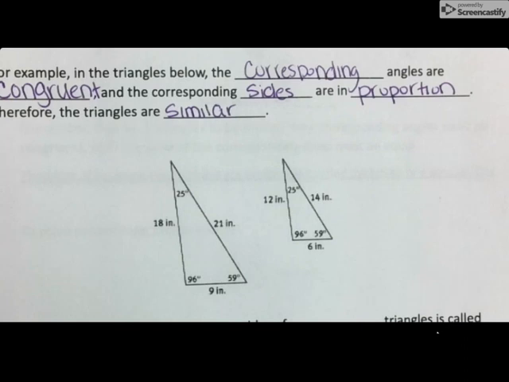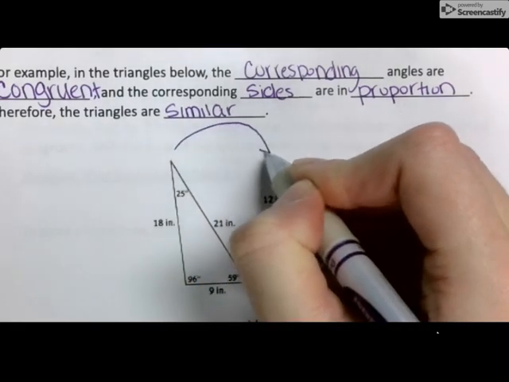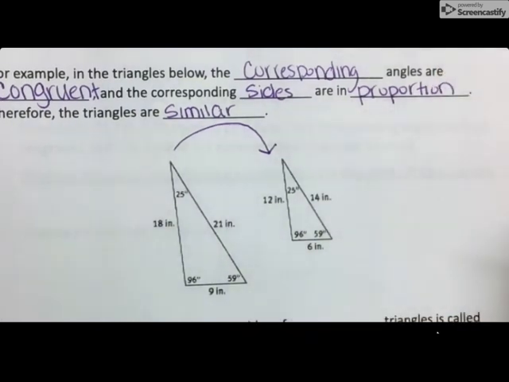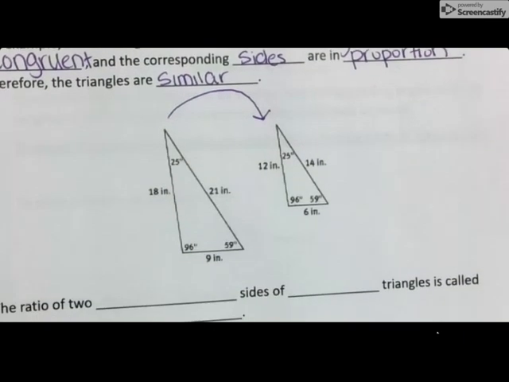Okay? So, do you see how these angles are the same? Which means they're congruent, right? But these side lengths are not the same. So if you think about what we did last week, from here to here, if we put our new over our old, we could get a scale factor. Okay? So let's finish these and then we're actually going to do that.